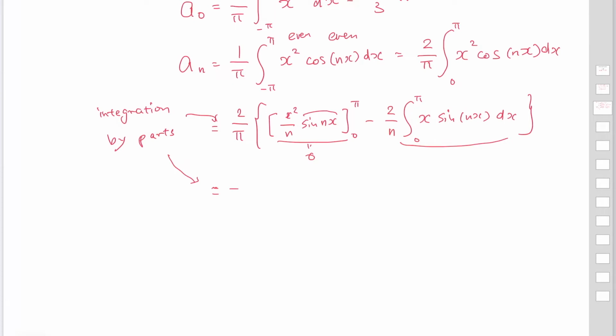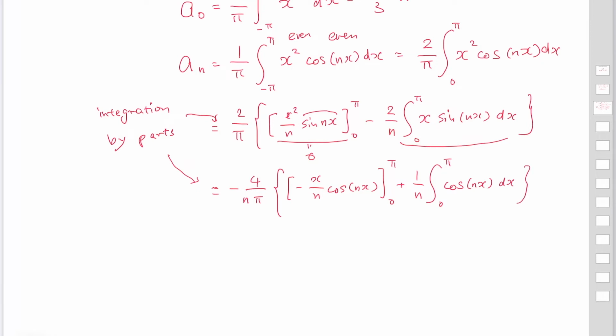This is minus 4 over n pi, integration by parts, minus x over n cosine nx from 0 to pi plus 1 over n, integral from 0 to pi of cosine nx dx.